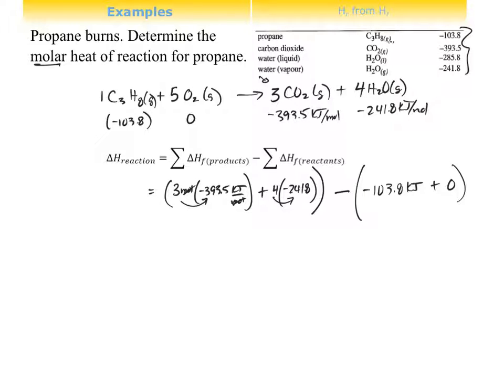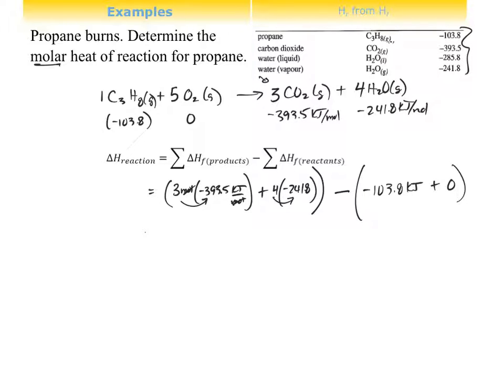So I've got bracket, then 3 times negative 393.5, okay, plus 4 times negative 241.8, bracket, minus, bracket, negative 103.8 plus 0. Okay, go.